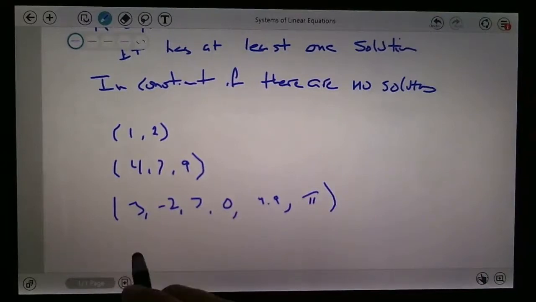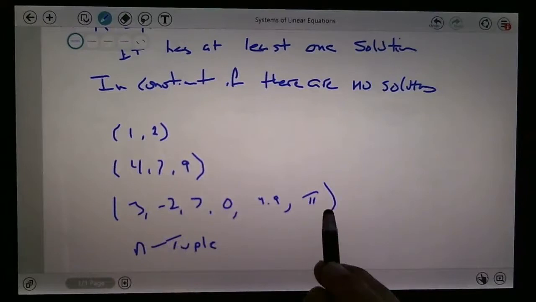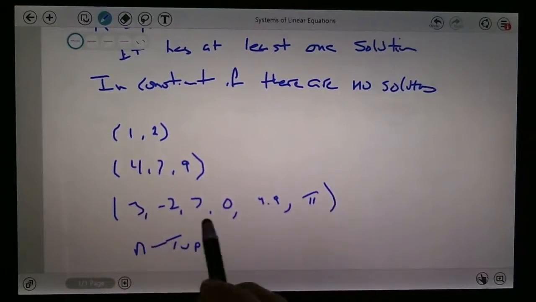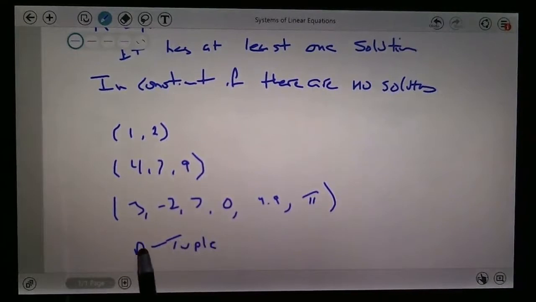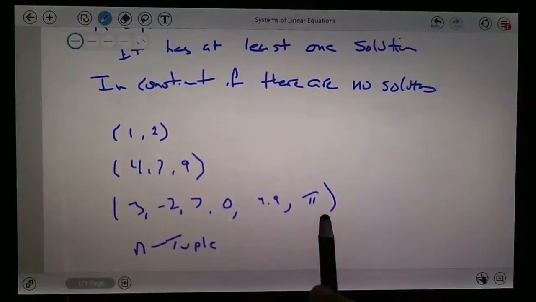In general, we have what are called n-tuples. They look just like this, a bunch of numbers arranged in a row with parentheses on the outside and commas in between the numbers. And if there's n of those numbers, we call it an n-tuple. Just a way that we have, from the point of view, if this is a point on the plane and this is a point in space, is this a point in 6-dimensional space? Yes, it is.